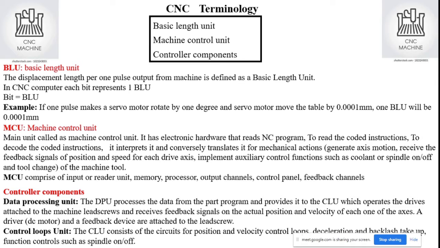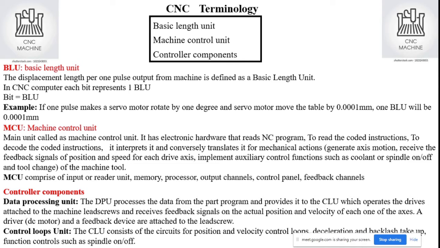The data processing unit takes the data from the part program available on the punched tape and provides it to the CLU, the control loops unit, which operates the drives attached to the machine lead screw and receives feedback signals on the actual position and velocity of each one of the axes.